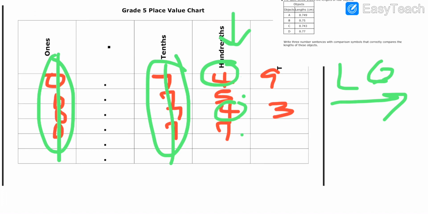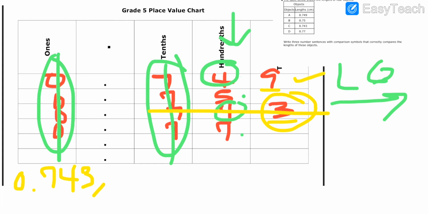With those two numbers, you go over to the 9 and 3 to see which is the smallest. It's going to be 3. So that would be the first number you write down for your list from least to greatest. We can go back here and write that number down.